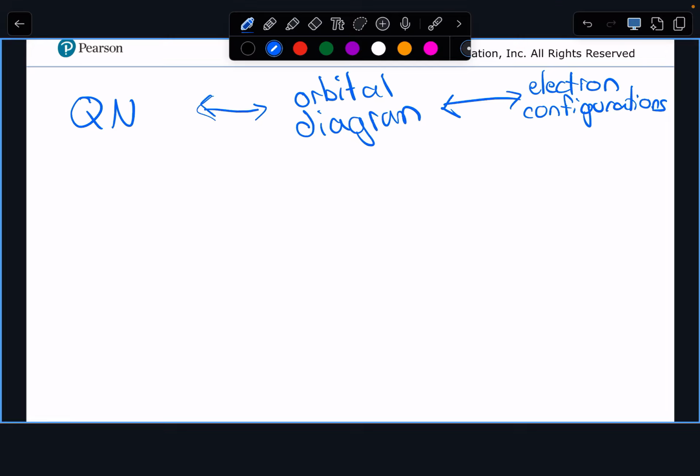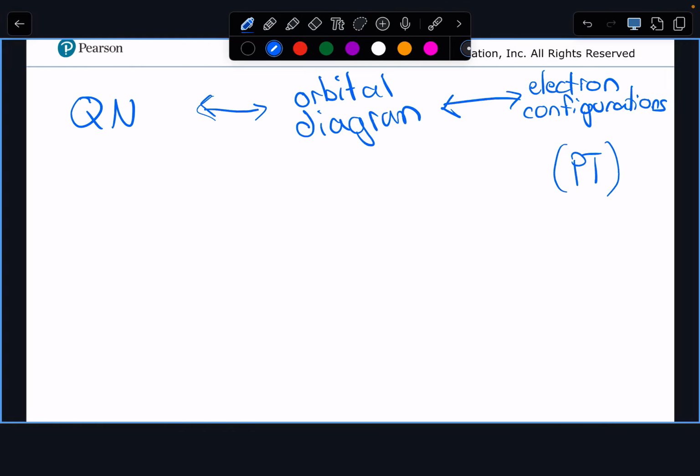So we don't have to start at the really basic stuff, the quantum numbers. We can actually start from the periodic table to get these electron configurations, and then we could work backwards to all of the other stuff. So that's what the double arrows are trying to represent.